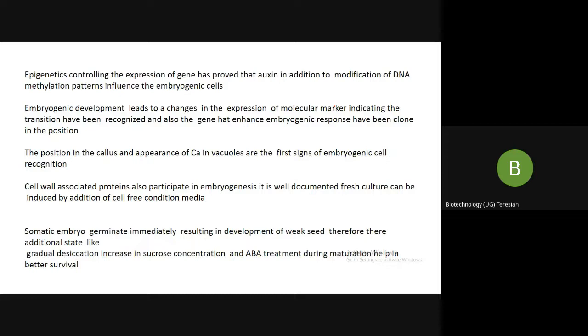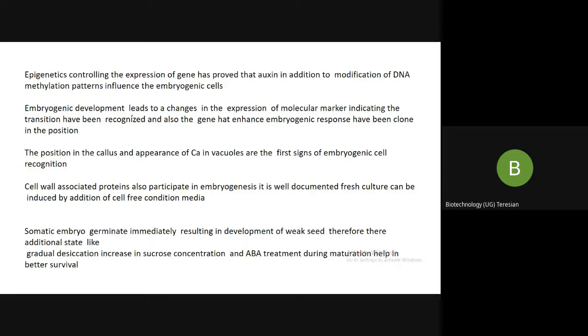That means your DNA is bringing about the changes in the embryogenic cells, how it has to develop along with your auxin, and along with your auxin, your environmental factors are also playing a role. But whatever influence the environment has is a reversible change. Here the next sentence says, your embryogenic development leads to changes in the expression.